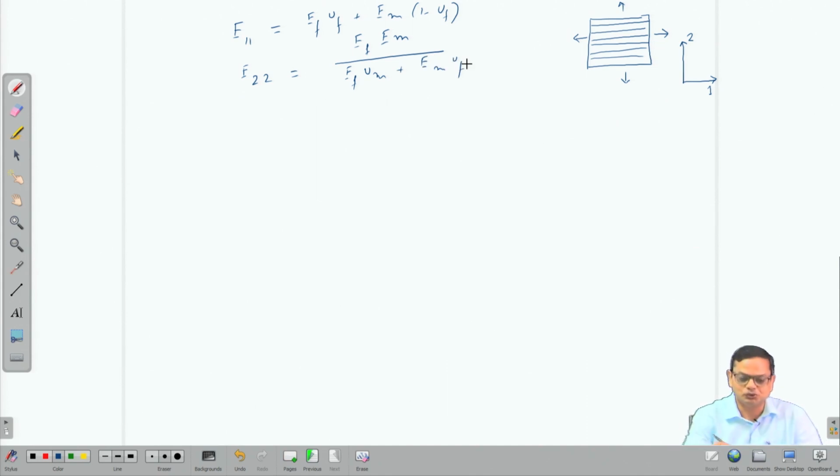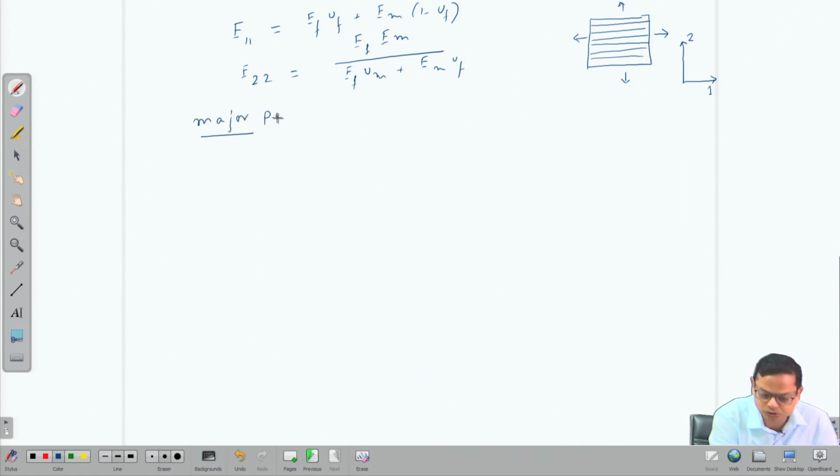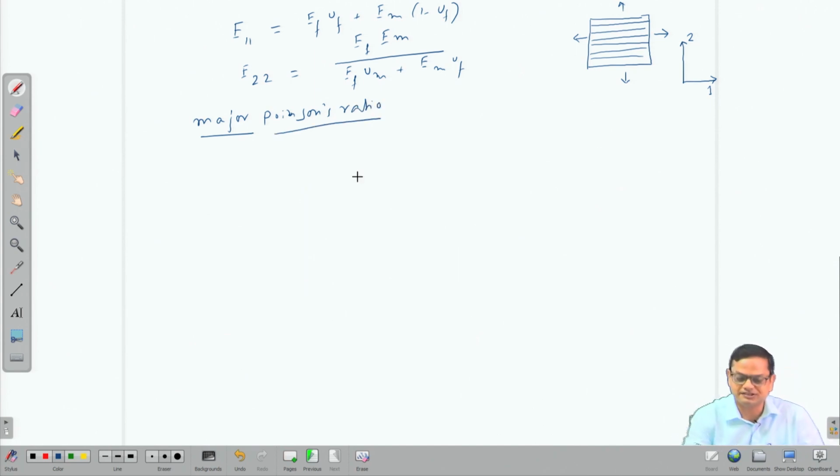Now we can also find the major Poisson's ratio, which you can write as nu 12, when it is longitudinal loading. So, nu 12 is equal to what?